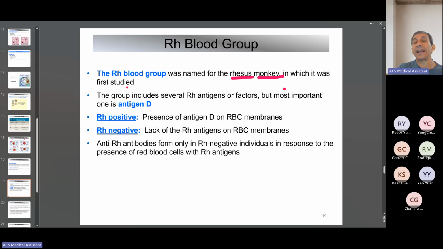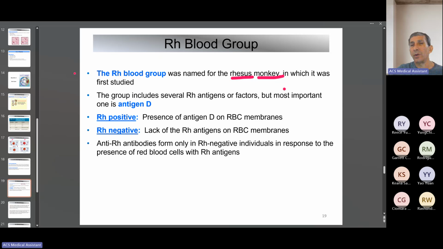Then they related it to humans and found out that humans also have these. That's why monkeys are very similar to humans. So RH, once again, is the rhesus. This is the one that gives the negative or the positive to our blood type.